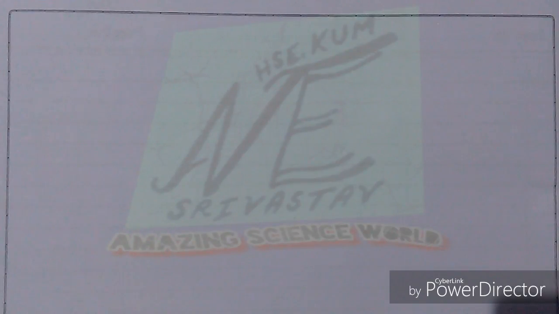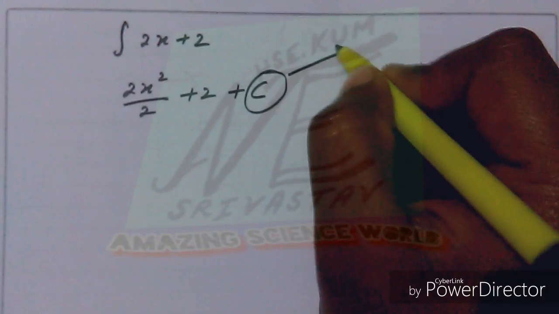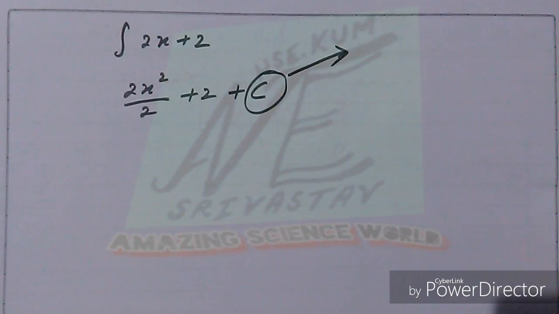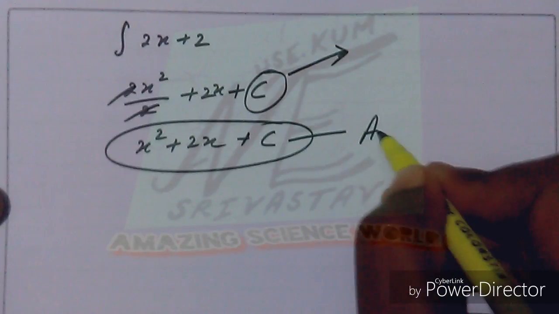Now one more question arises: when we integrate any function, just as we integrate 2x plus 2, what comes is 2x square by 2 plus 2x plus c. And what is this c? I will explain what c is. First of all we solve it: x square plus 2x plus c, that is an arbitrary constant.